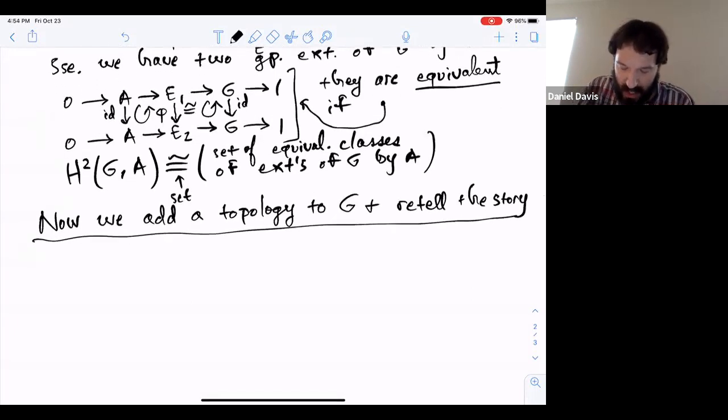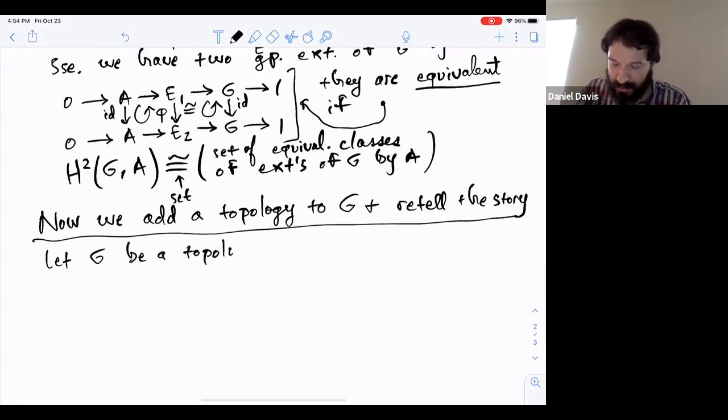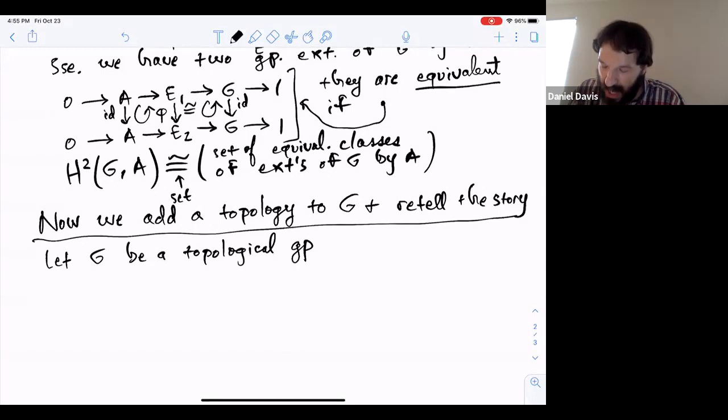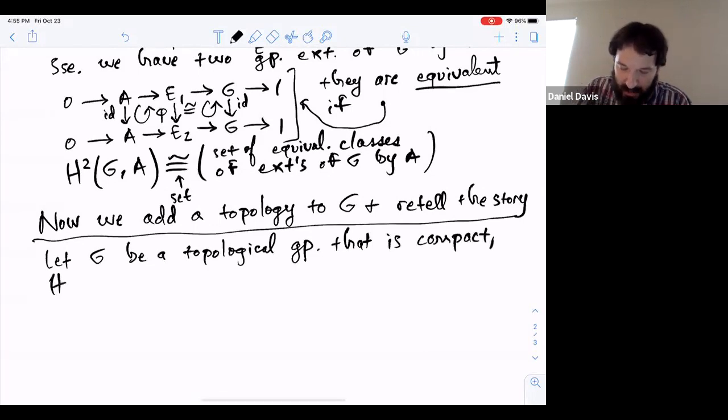Okay, so now let G be a topological group, and we assume that it is compact, Hausdorff, and totally disconnected.